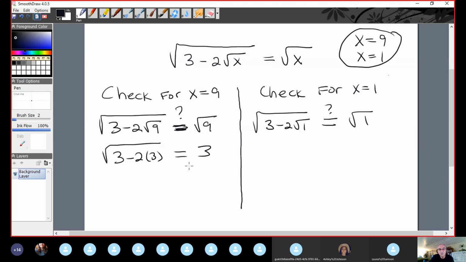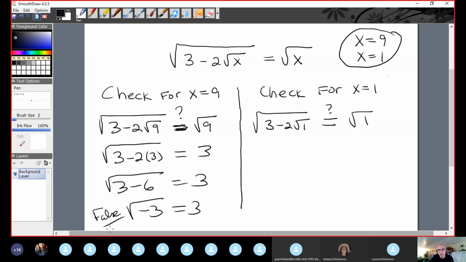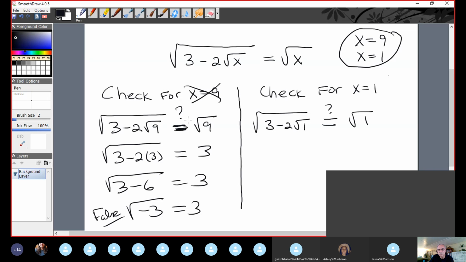Square root of 9 is 3. 2 times 3 is 6. And 3 minus 6 is negative 3. And is this statement true or false? What do you think? False. Totally false. This solution is wrong. Extraneous solution.